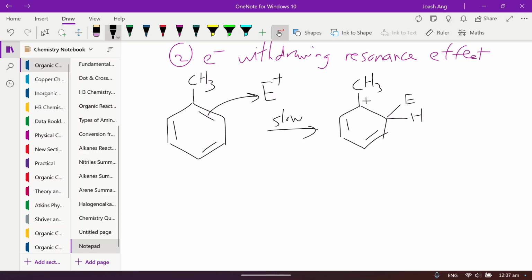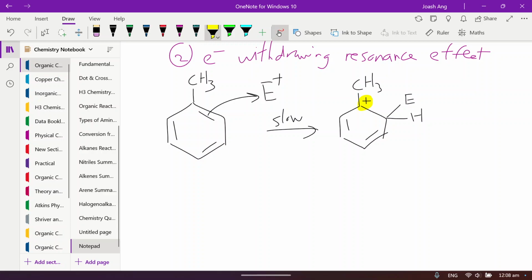can you see that this positively charged carbon is bonded to three electron donating groups? Okay, electron donating alkyl groups, so to say.